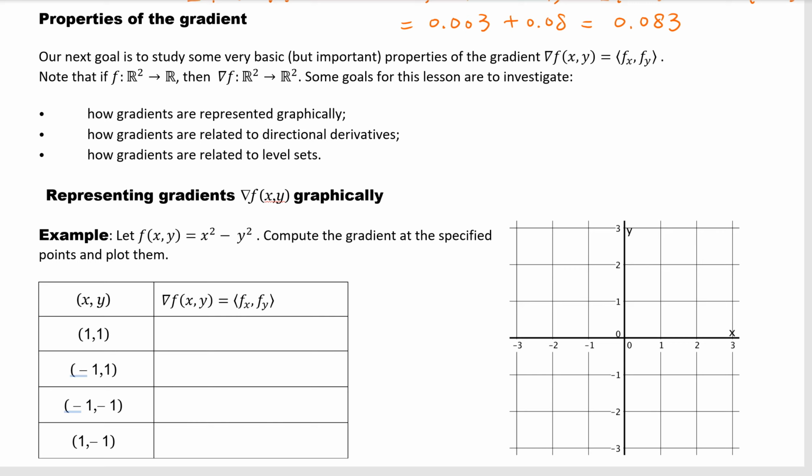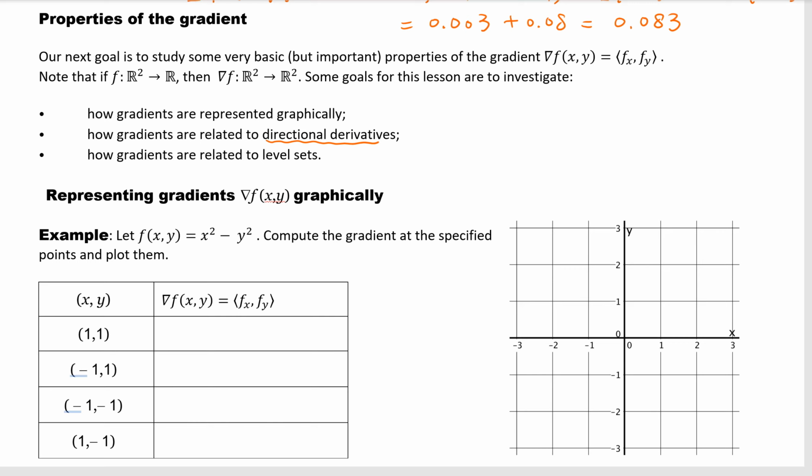The output is also a vector in R2. Some goals for this session are to investigate how the gradients are represented graphically, how gradients are related to the directional derivatives, which we will explain later, and then how gradients are related to the level set.